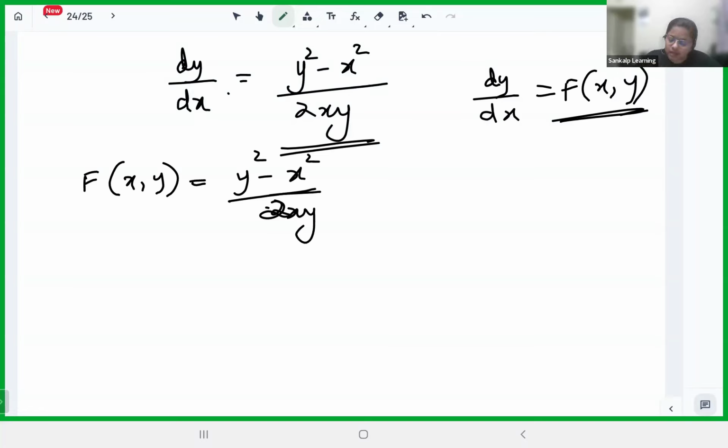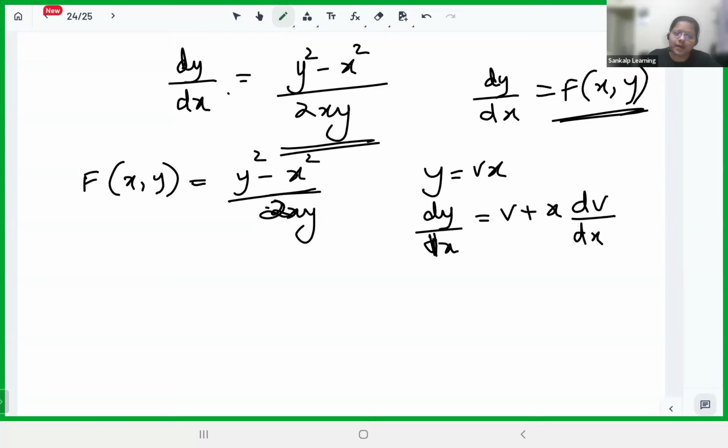You have to put y equal to vx, and then dy by dx will be v plus x into dv by dx, right? So here v plus x into dv by dx, we'll write it in the next page, okay? V plus x into dv by dx equal to, what was our function?